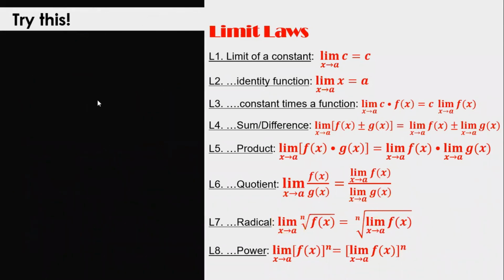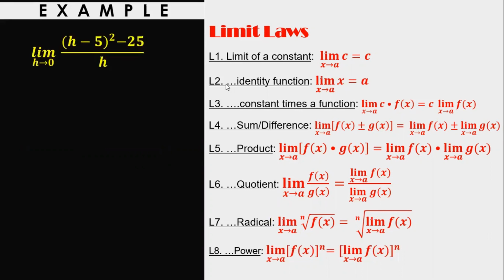Another example, for instance, the given here. Wait. Let's have another example, the conjugate one. In the conjugate, for example, we have the limit of the square root of x minus 3 over x minus 9 as x approaches 9.